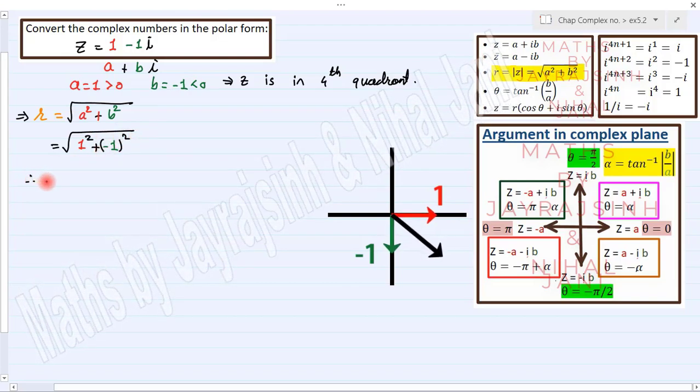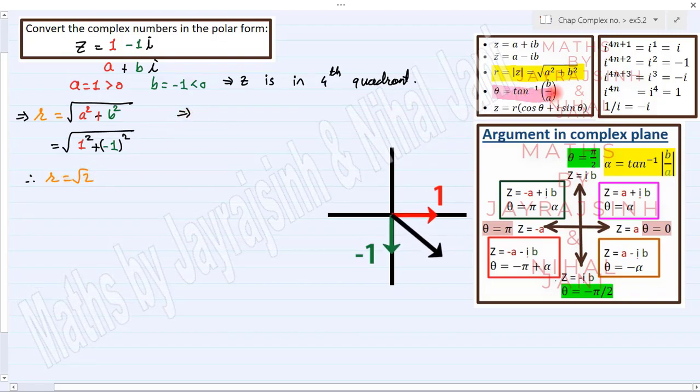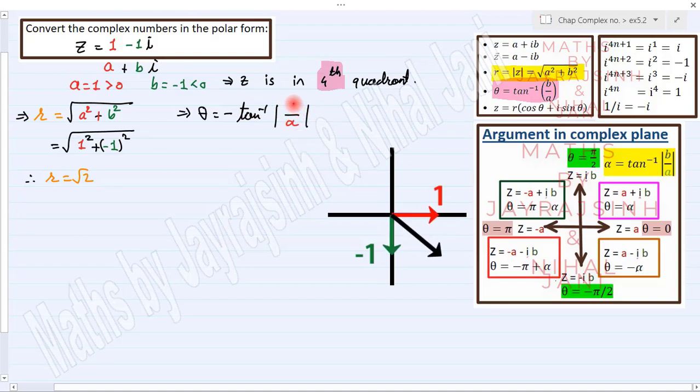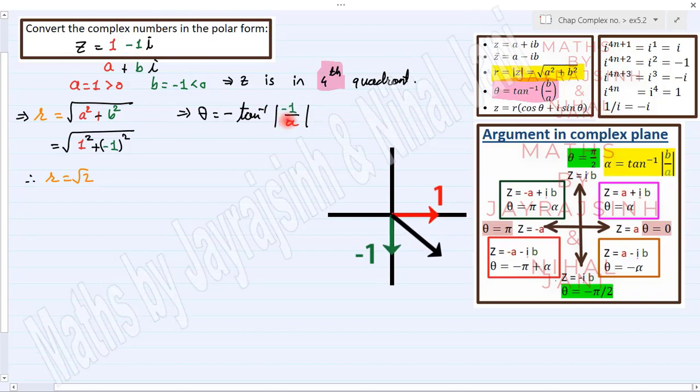So we will get modulus equal to root 2. Now the second required quantity is the argument, and for the fourth quadrant the argument is given by minus tan inverse of b by a, where b is the imaginary part and a is the real part.